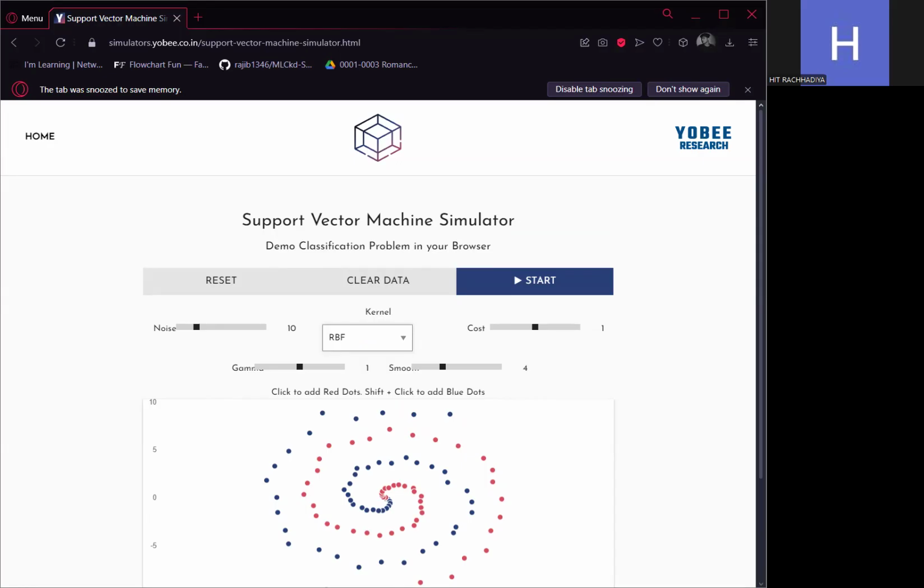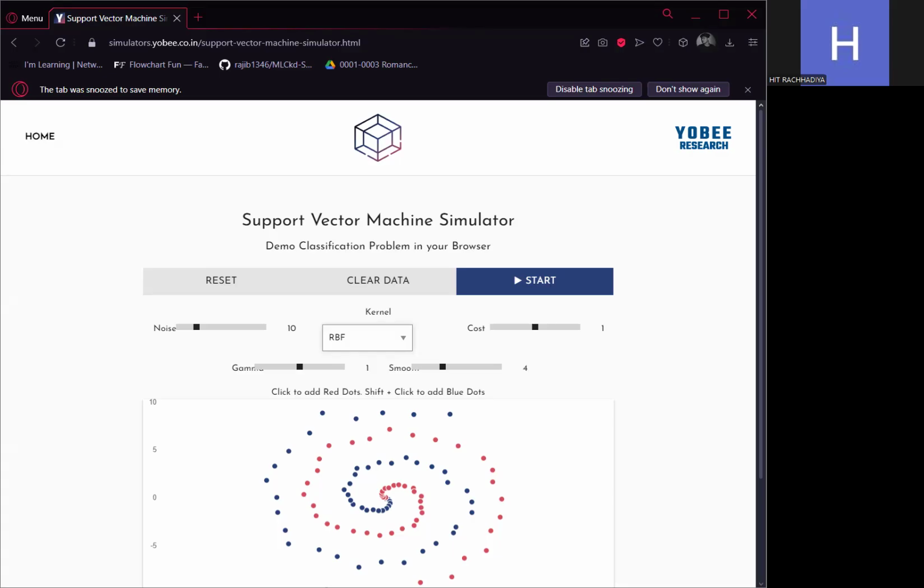When we put gamma to a lower value, each data point has a large radius of influence and produces a smoother, more generalized decision boundary, but it may underfit.